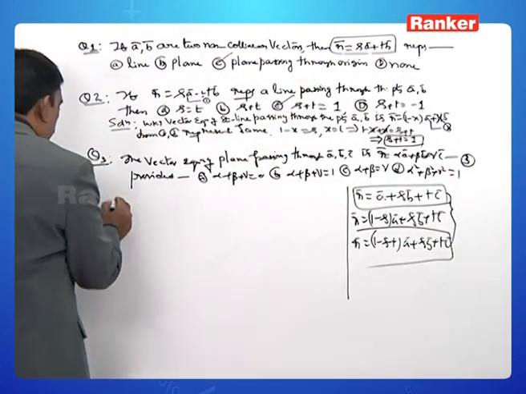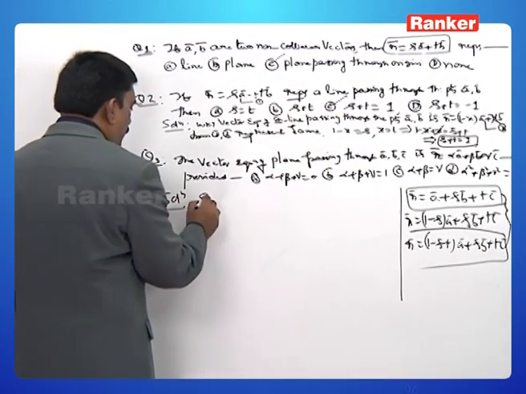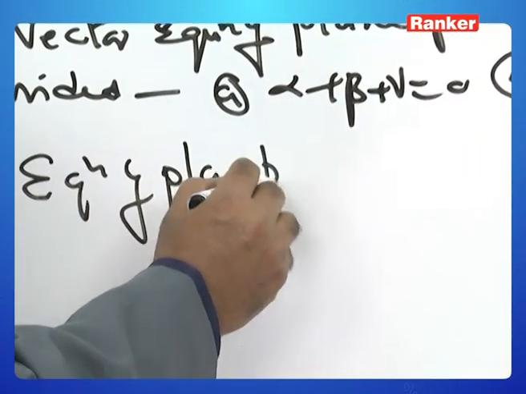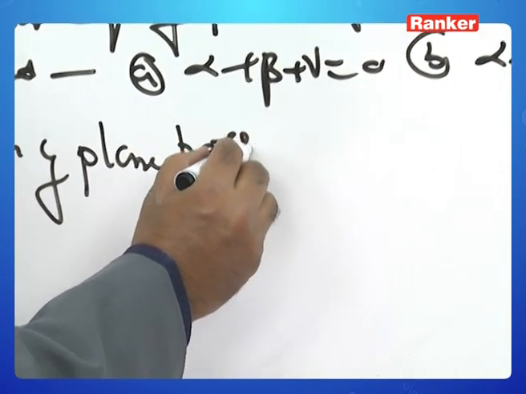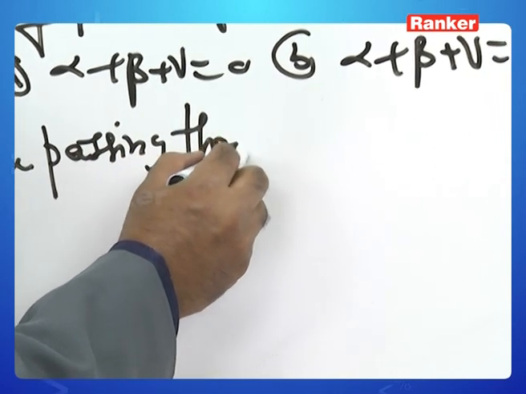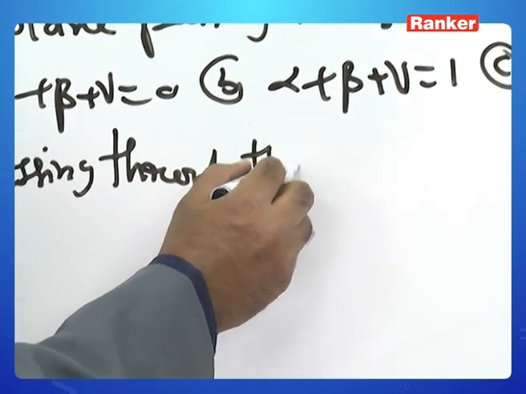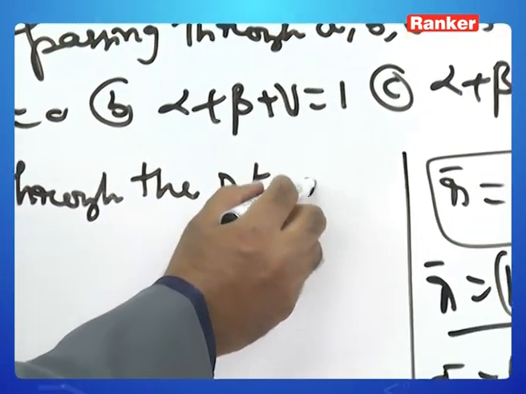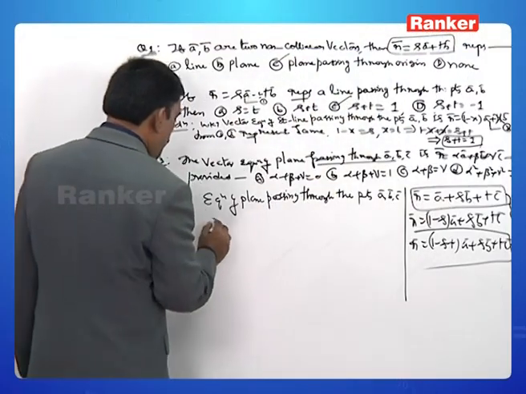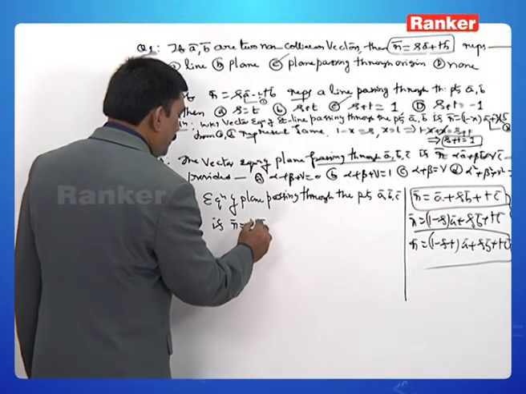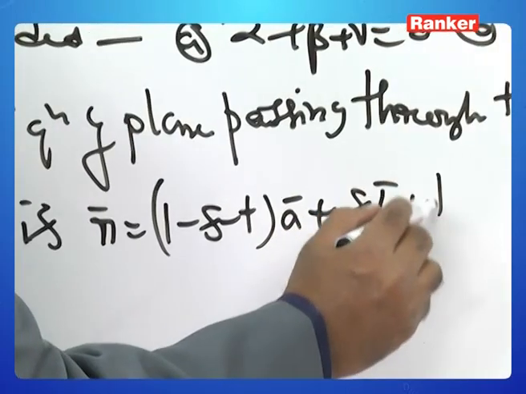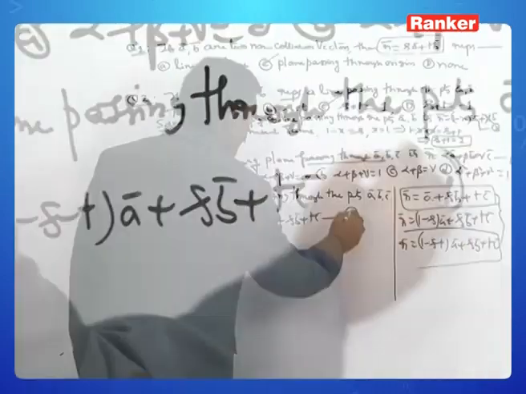Now, for this, the equation of a plane passing through the points A bar, B bar, C bar, he has given here, is R bar is equal to, don't use the same scalars, alpha A bar plus beta B bar plus gamma C bar. You call it as 4.